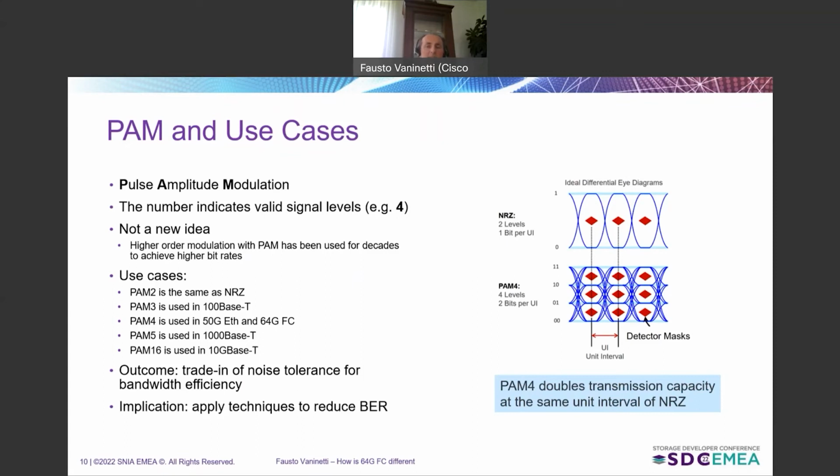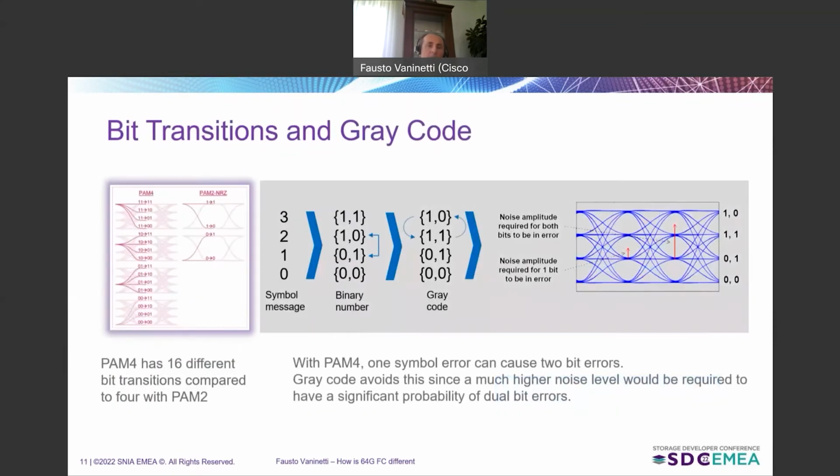So how to compensate for that loss of signal-to-noise ratio? Well, the solution is forward error correction. But before talking about that, there is something new coming with 64 gig fiber channel.